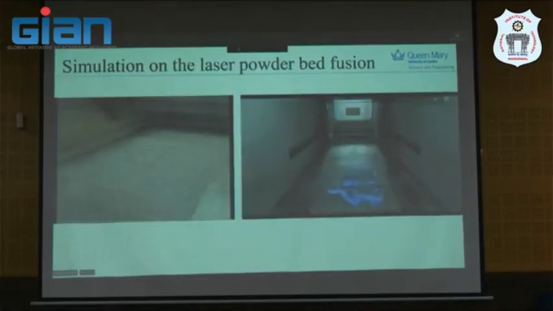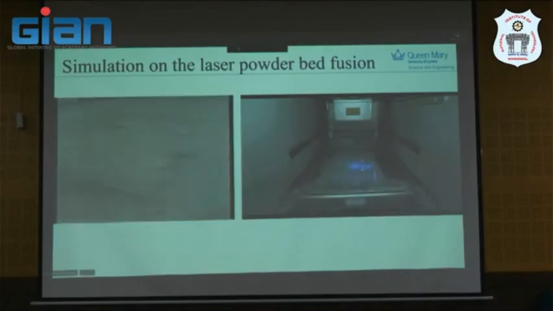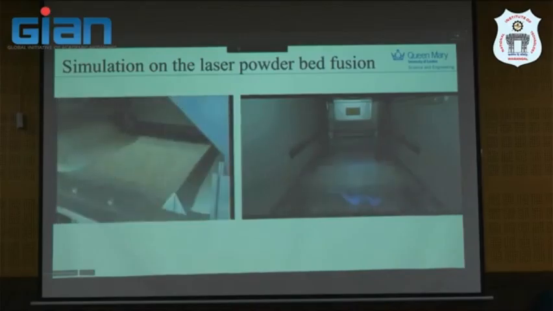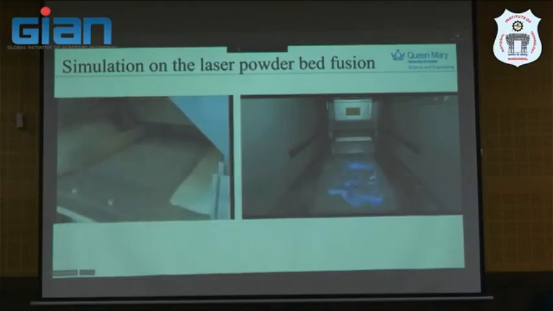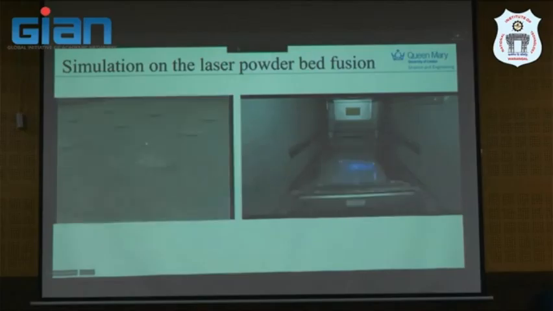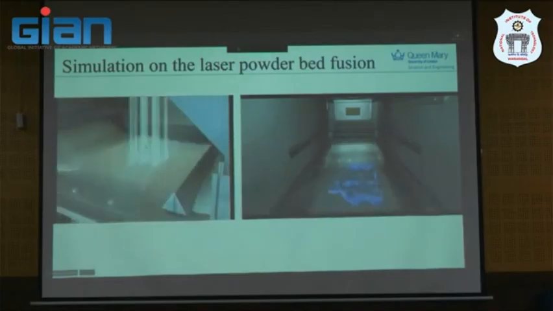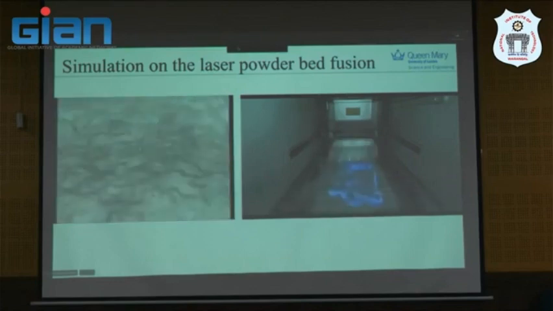And for me, my microstructure area is mostly focused on additive manufacturing. This shows a typical additive manufacturing process.